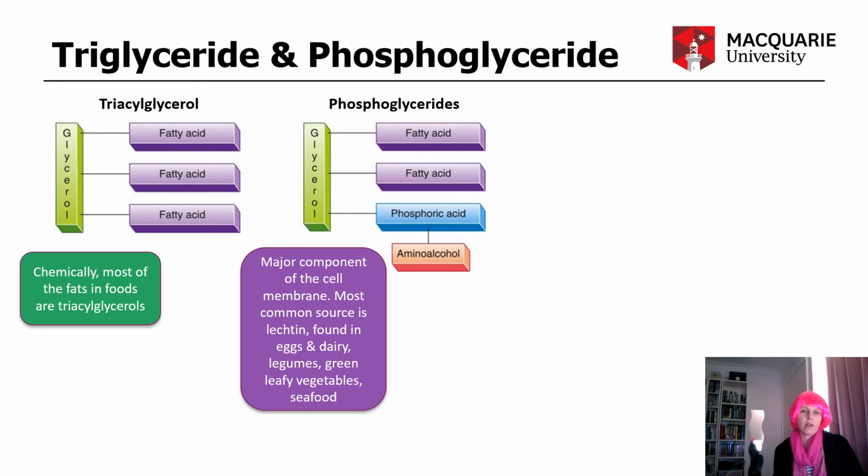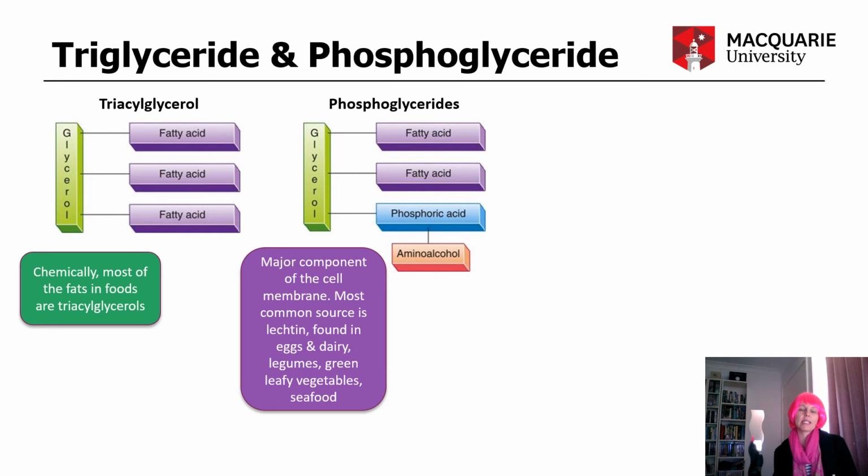Our phosphoglycerides are where we have 2 fatty acids attached to the glycerol and then a phosphoric acid attached to an amino alcohol. This is a major component of cell membranes, and the reason is that the fatty acids are hydrophobic, they don't like water, whereas the phosphoric acid is hydrophilic, it does like water.